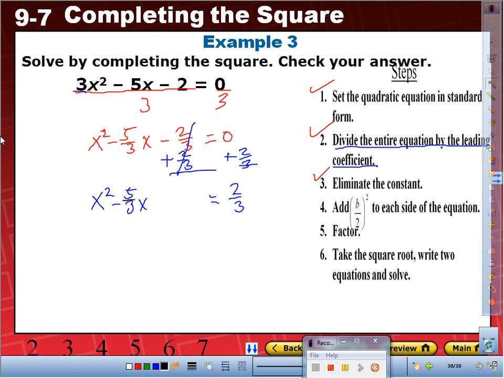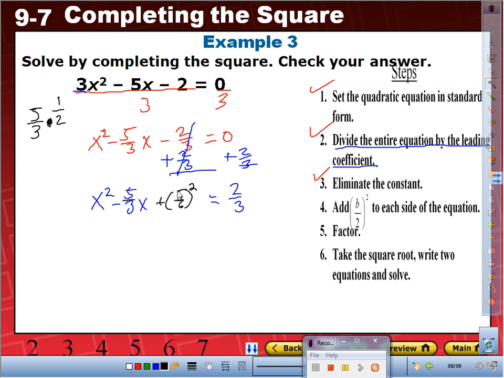So now check this out. If we divide by 2, what do I need to do? Multiply times 1/2. So this becomes plus 5/6 squared. Are we there? So far, so good?